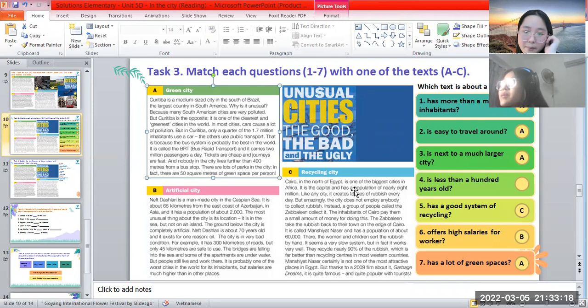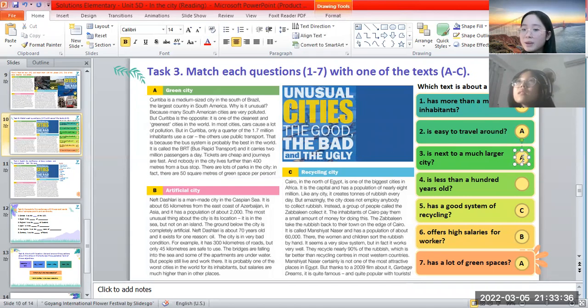So it's next to a much larger city. So the answer would be C. Okay, so that is question number 3.